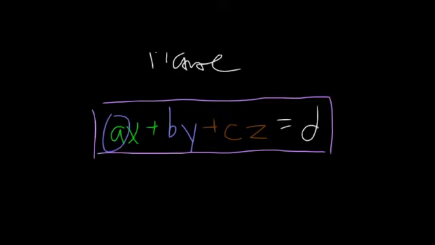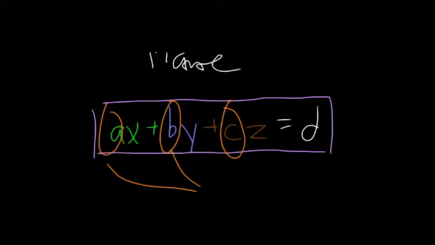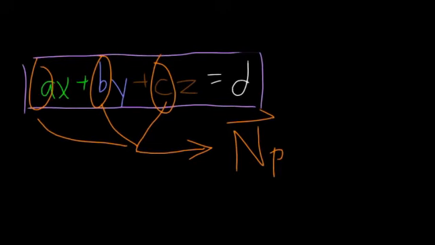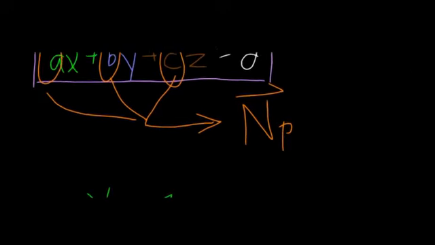And to give you an idea what these constants could be, these things can form the normal vector to your plane. So what does that look like?